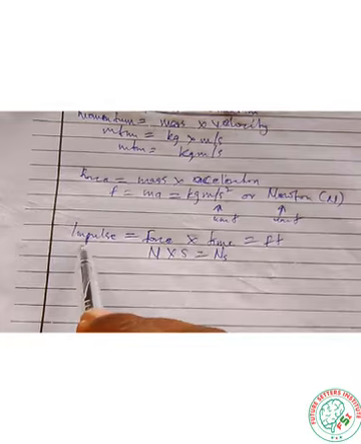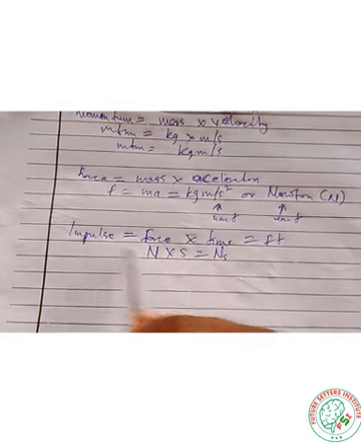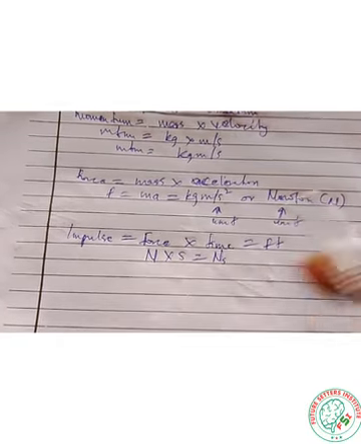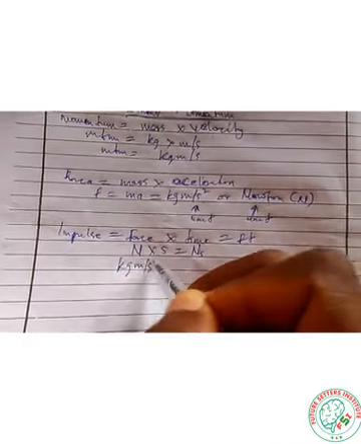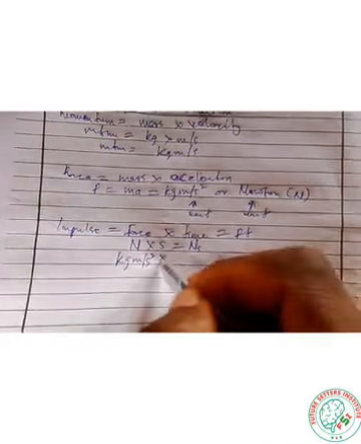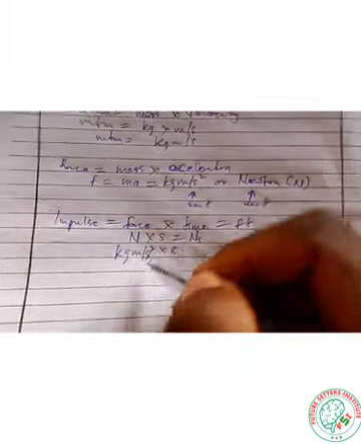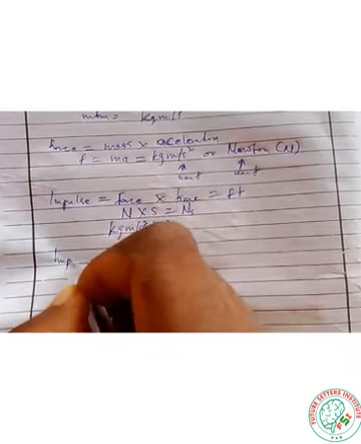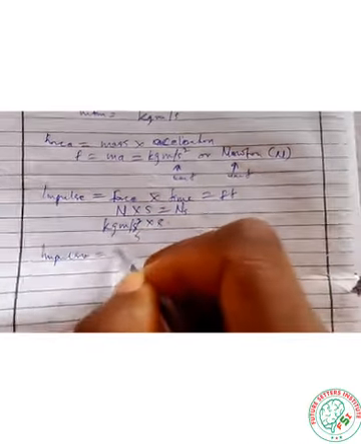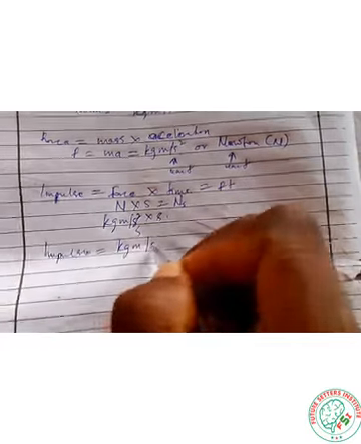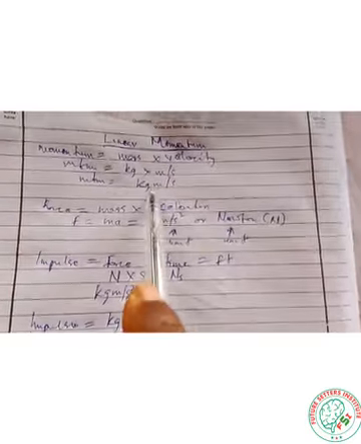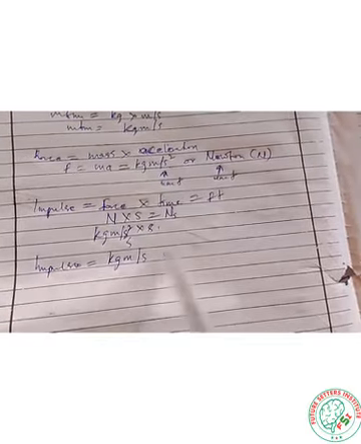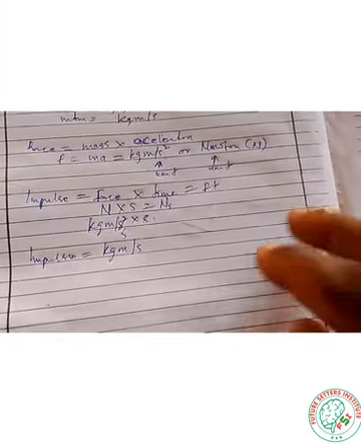It can also be written as kilogram meter per second square times seconds. Seconds cancel seconds, so the unit of impulse is kilogram meter per second, the same unit as momentum.